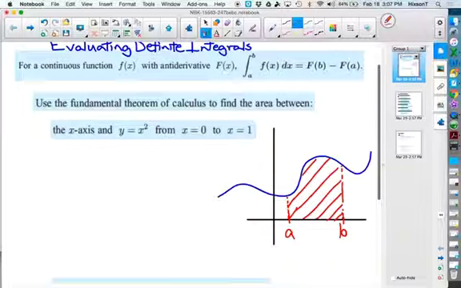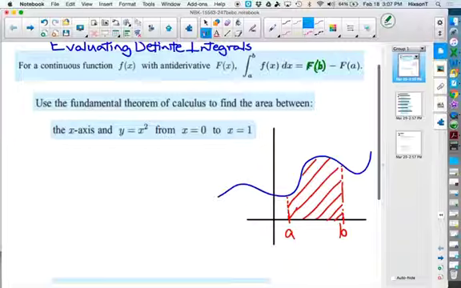When I am finding capital F of b, that's going to be a number, and that is actually going to give me the area under the curve to the left of b.